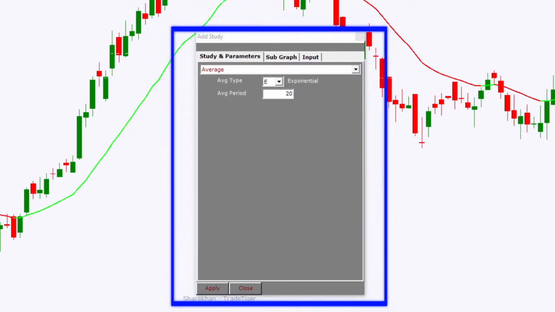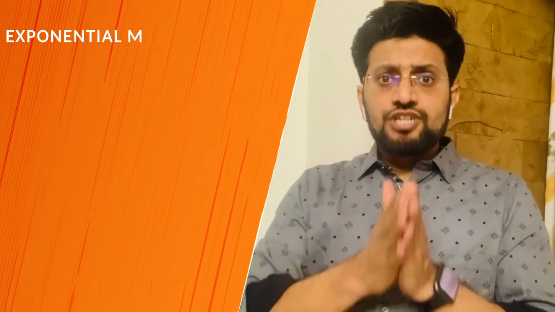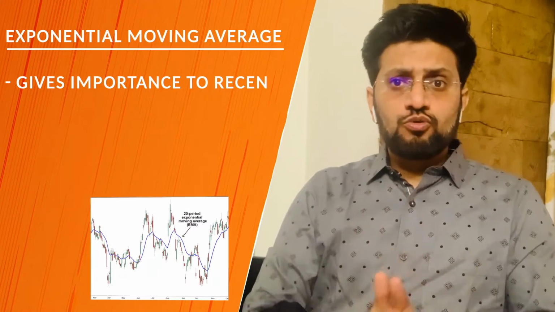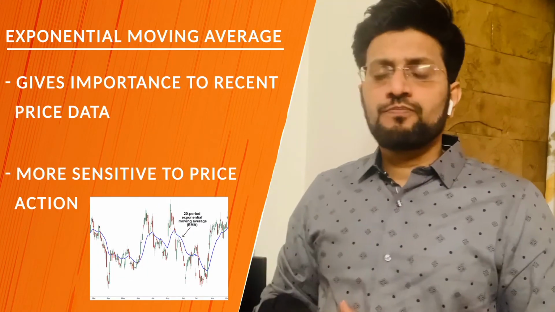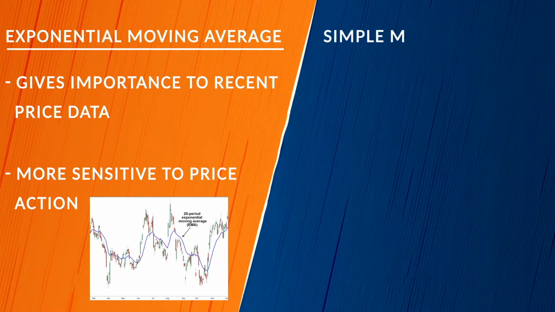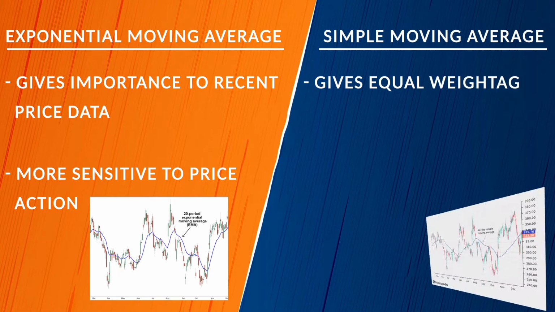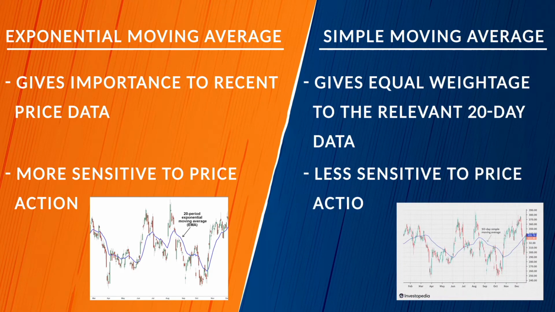Now this EMA stands for exponential moving average. Now friends, this will be too short a video to explain the difference between an exponential moving average and a simple moving average. But to keep it simple, let us understand it this way. The exponential moving average gives importance to the recent price data and is more sensitive to price action, whereas a simple moving average gives equal weightage to all the data in the last 20 days.